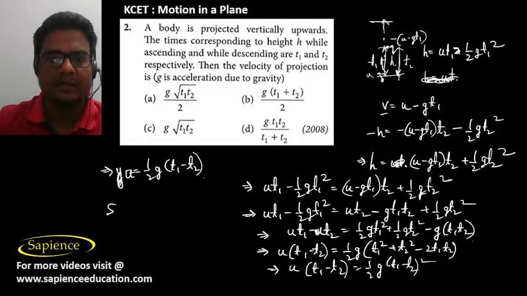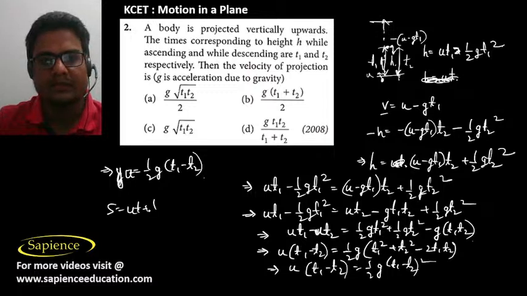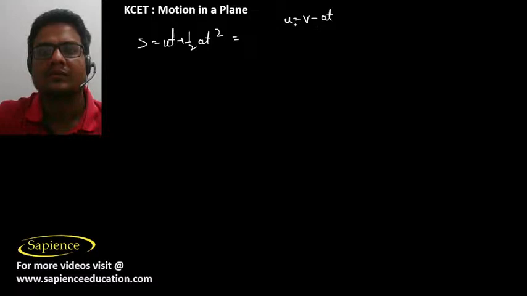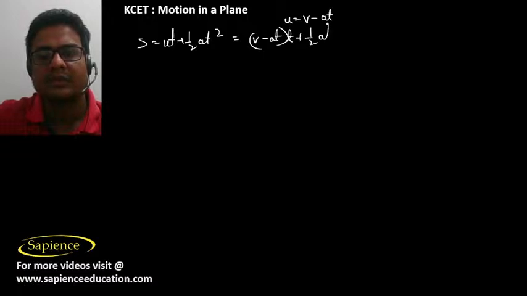So actually s is equal to ut plus half at square, and v is equal to u plus at. So u I can write as v minus at. So if I write v minus at into t plus half at square, then we can also say it is vt minus half at square.